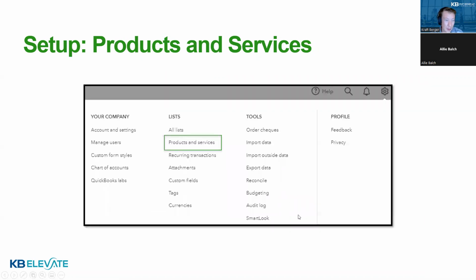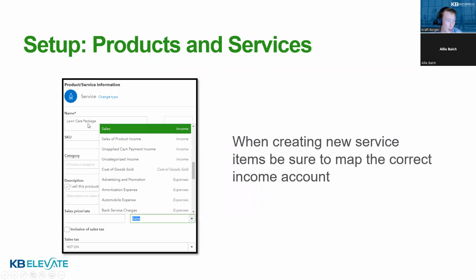So the first thing I'll encourage you to do, again, is in the setup. Go into your products and services, and list out all of the items that you would invoice for. In this case, the demo company that I've set up is Landscaping Hero, and they sell a lawn care package.